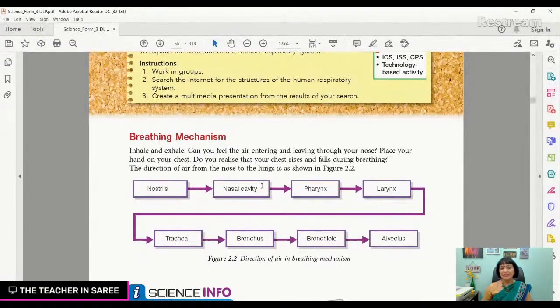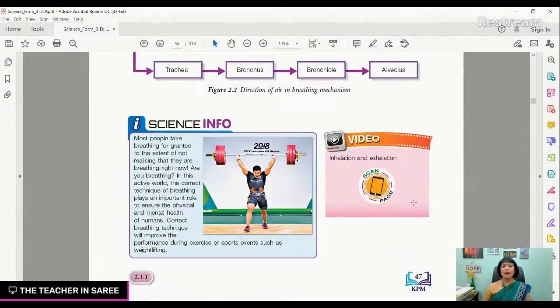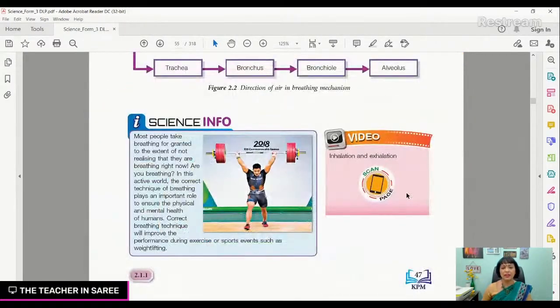Nostrils, nasal cavity, pharynx, larynx, then trachea, bronchus, bronchioles, and alveolus. All right. Now the science info here is actually very important: you need to know that the proper breathing technique is very important in sports, and even during labor, when women are giving birth.